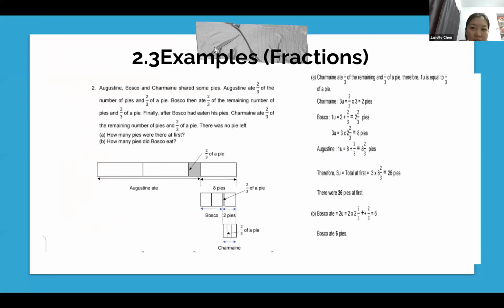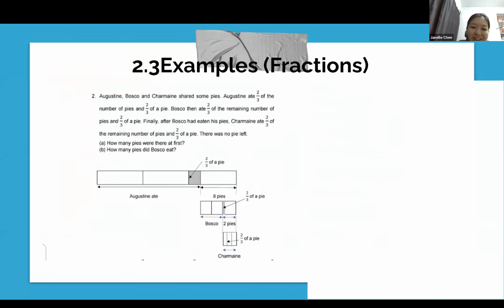So the next question here is a fraction question. You realize that I've been doing fraction mainly. The reason why I am doing mainly this kind of question is because it takes up 60% of the test paper for problem sums, especially. For P6, in particular, they will have questions such as fraction, ratio, percentage, all lumped into one question, or they will have fraction, decimal, and whole number lumped into one question.